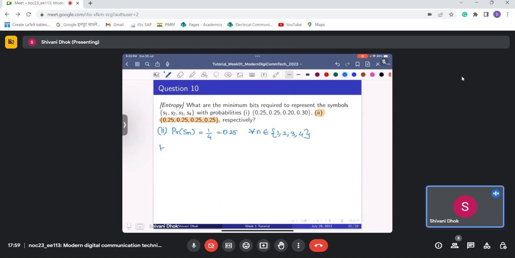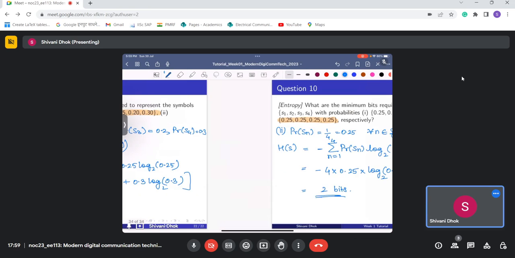So now H(S), which is minus summation n running from 1 to 4 probability Sn log of probability Sn to base 2, reduces to minus 4 times 0.25 into log of 0.25 to the base 2, and this reduces to 2 bits.